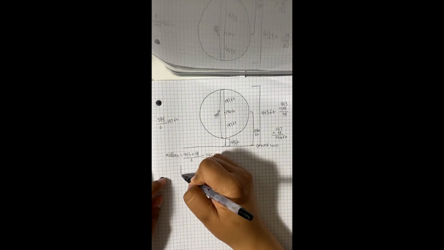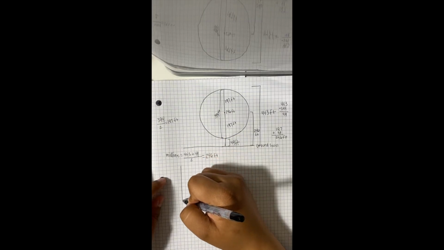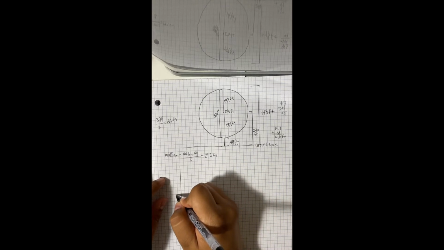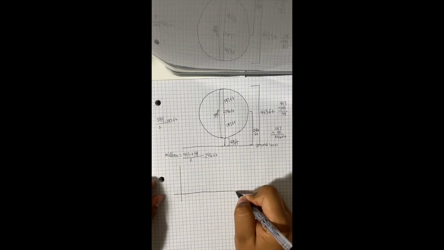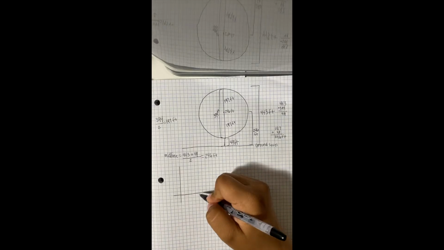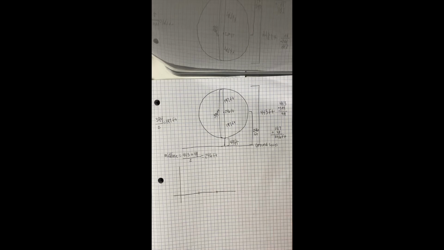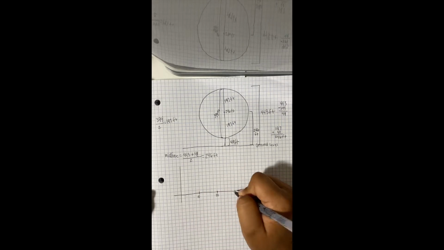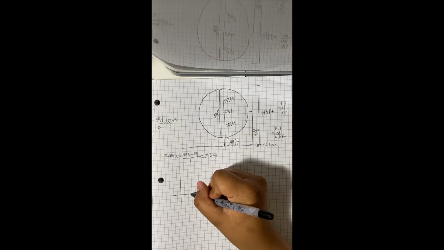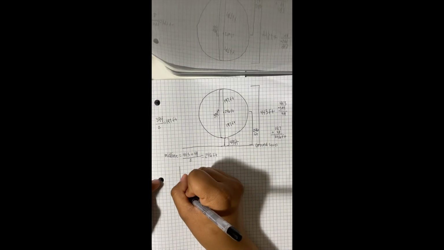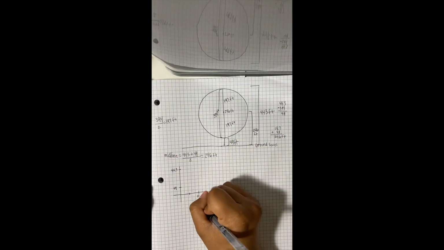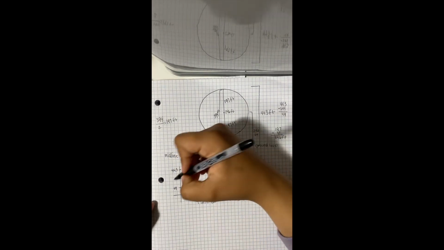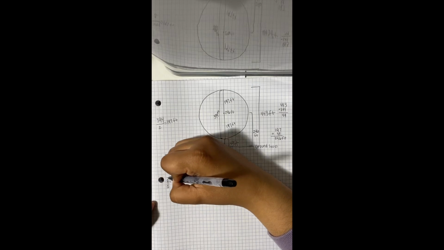Then I sketched my graph using the information I found. I labeled the x-axis time and y-axis height.